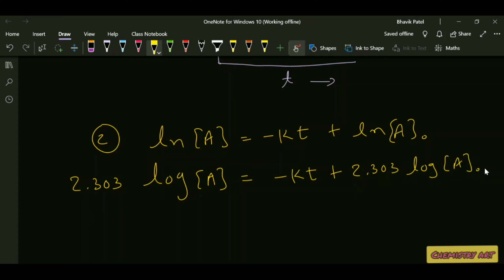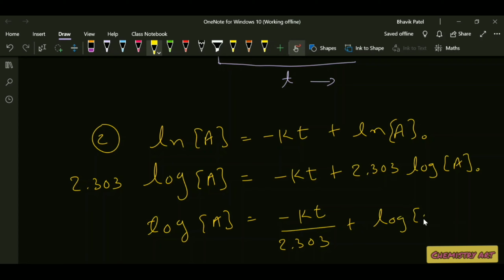Now by dividing this whole equation by 2.303, we can write log A is equal to minus kt divided by 2.303 plus log A naught. We have divided by 2.303, so it cancels. So we got this formula.